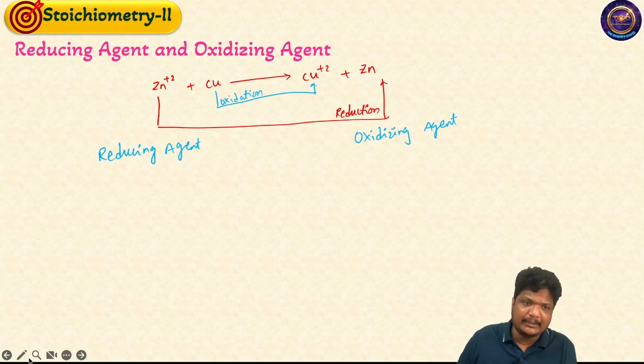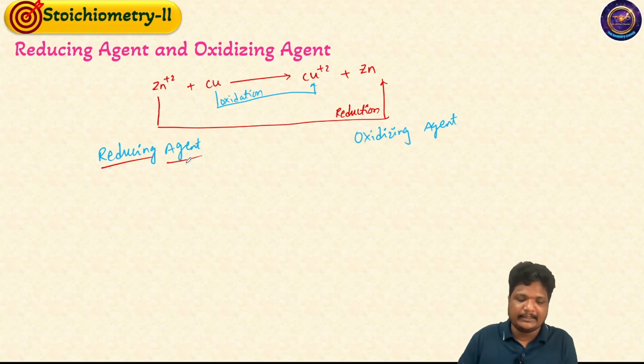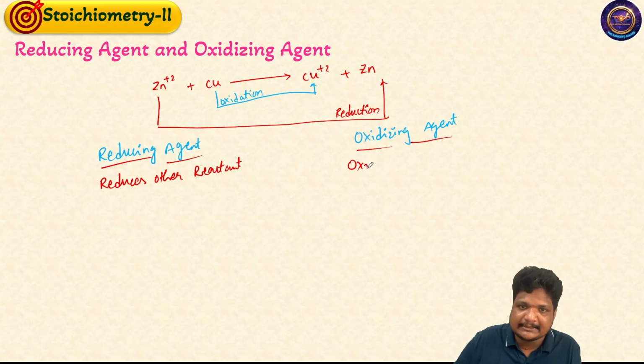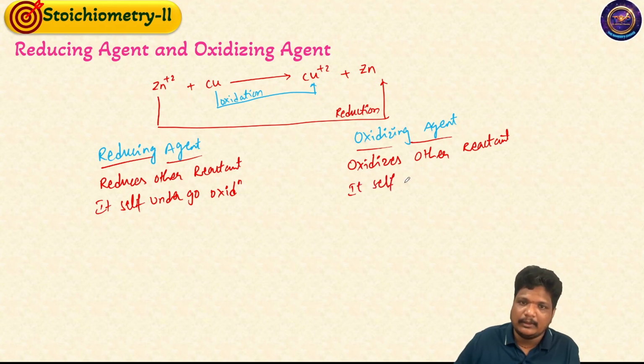A reducing agent reduces the other species, that is, it reduces the other reactant. An oxidizing agent oxidizes the other reactant. Here the reducing agent itself undergoes oxidation. The oxidizing agent itself undergoes reduction.